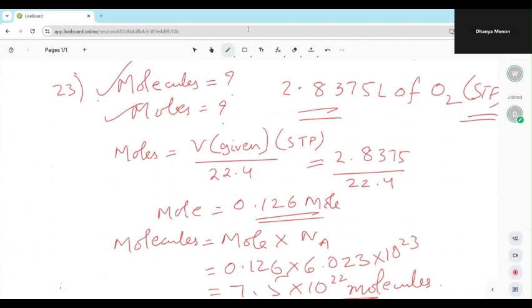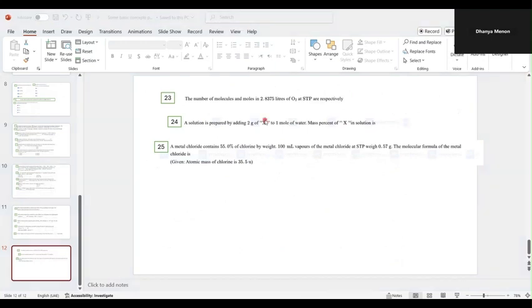Okay, students. Now coming to question number 24. In question number 24, a solution is prepared by adding 2 grams of X to 1 mole of water.